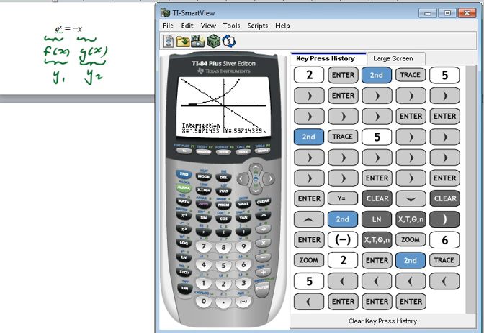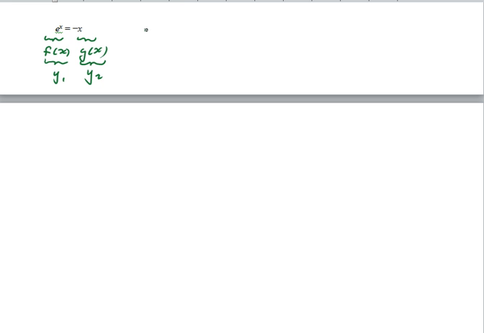So the x value is negative 0.57. And the solution to 2 decimal positions is negative 0.57.